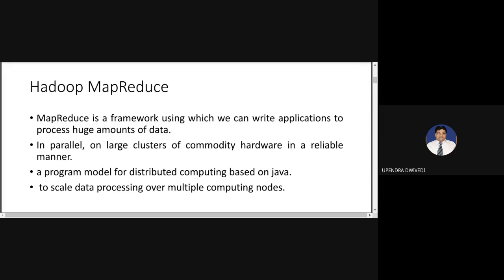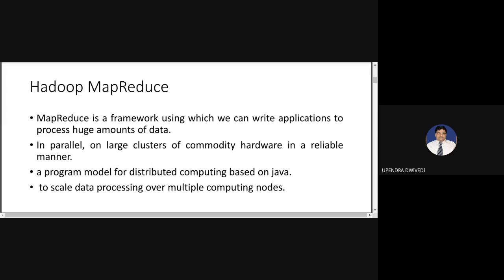You can process the traffic condition on one cluster of systems, the weather forecasting on another cluster of computers, and the traffic path system on another cluster. This distributed environment gives MapReduce the capability to process information in a distributed and parallel environment.